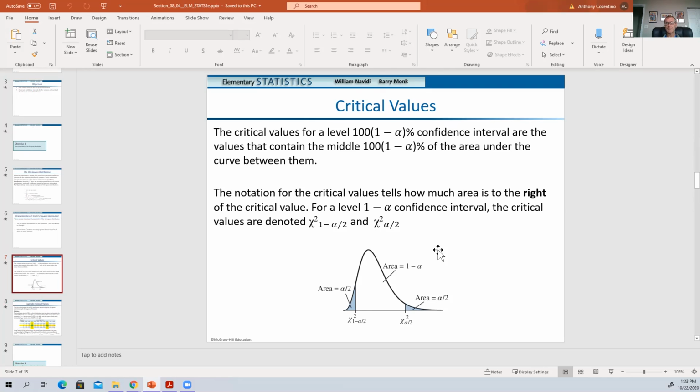But because this is not symmetric, you need to get 2 separate values. The low end and the high end aren't going to be plus or minus from one another. They're both going to be positive. So you need 2 numbers, and you find that error with 2 separate numbers in this case. You'll see that in the example.